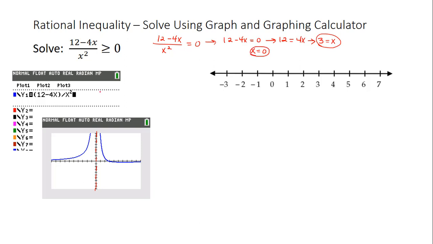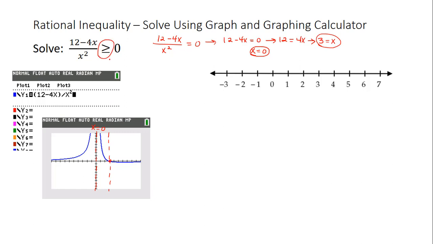And so we can think about looking at this graph from the graphing calculator and drawing a vertical line through x equals 0, where our function is undefined, but also marking off where the 0 is, at x equals 3. We draw a vertical line through that, because that is the boundary number between these regions where the graph is either above or below the x-axis.